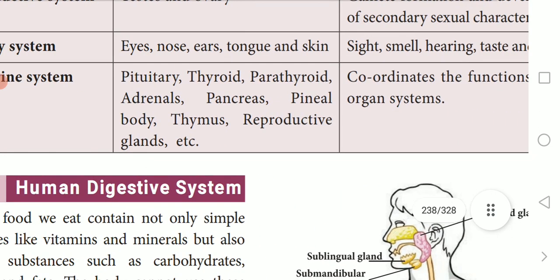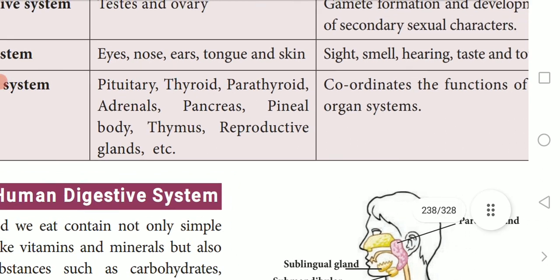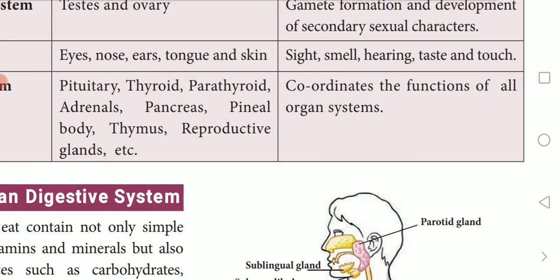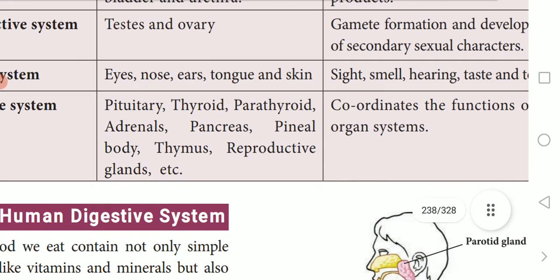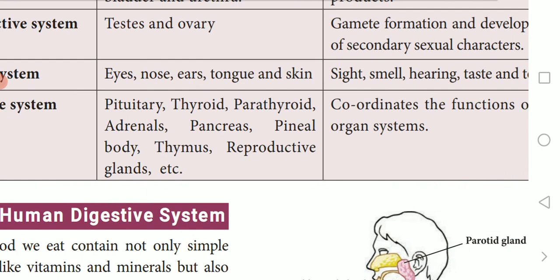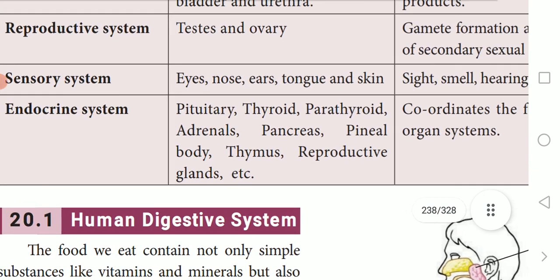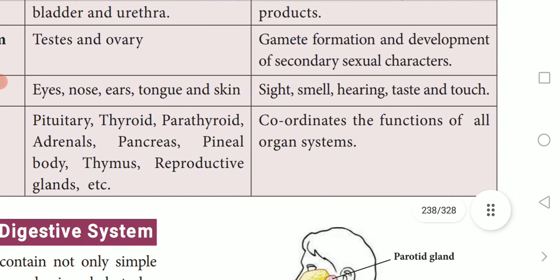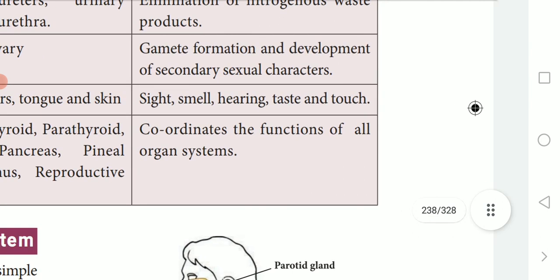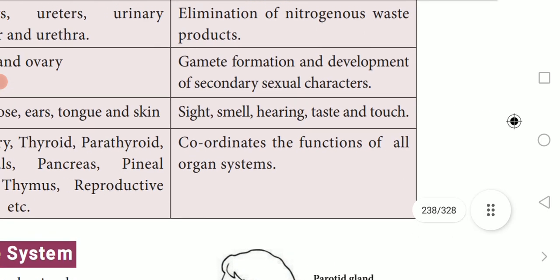What organs are involved? Pituitary gland, thyroid gland, parathyroid gland, adrenal gland, pancreas, pineal body, thymus, and reproductive glands. These are the organs involved in the endocrine system. Its function is to coordinate the functions of all organ systems.